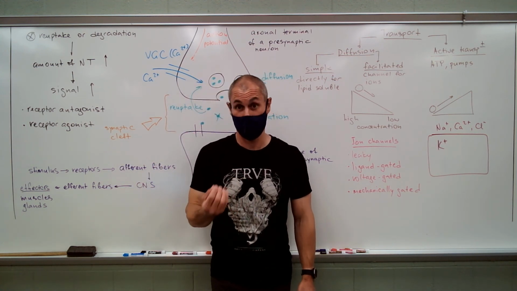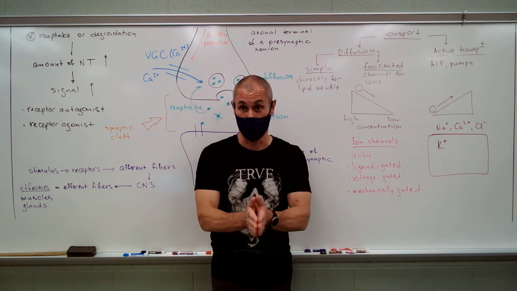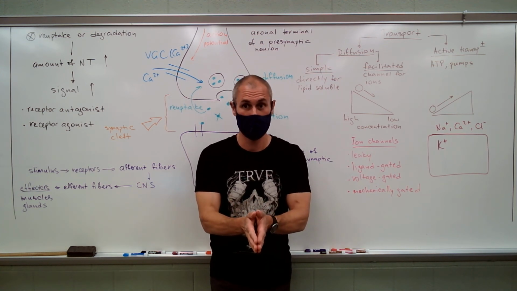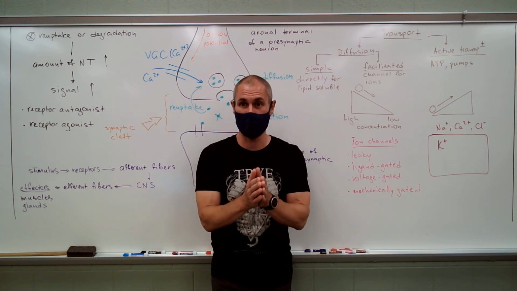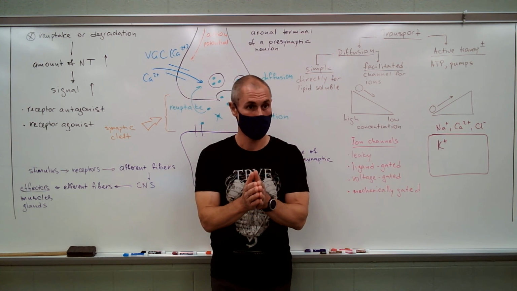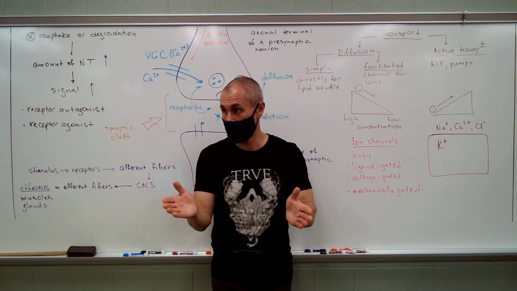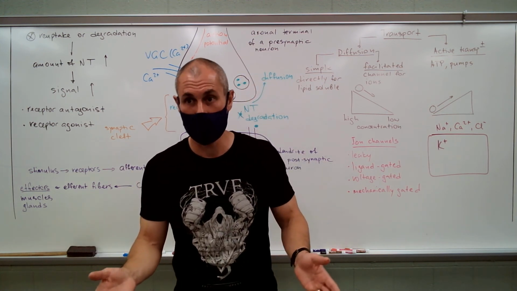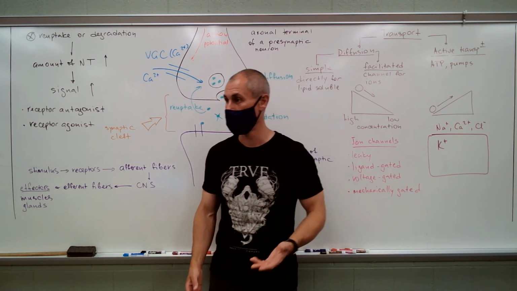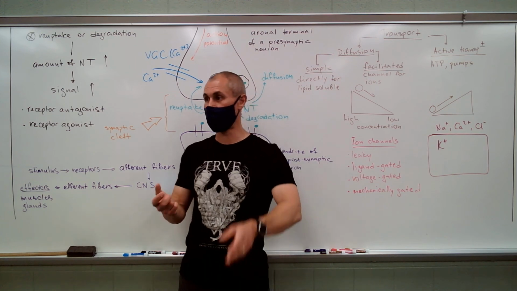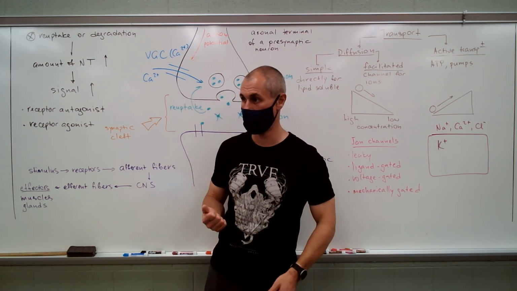What do you need to know? You need to know that these are small molecule neurotransmitters. Okay? And you need to know whether they are excitatory or inhibitory. Or either. So I can ask you this. Which of the following neurotransmitters is inhibitory? Acetylcholine, norepinephrine, dopamine, GABA.